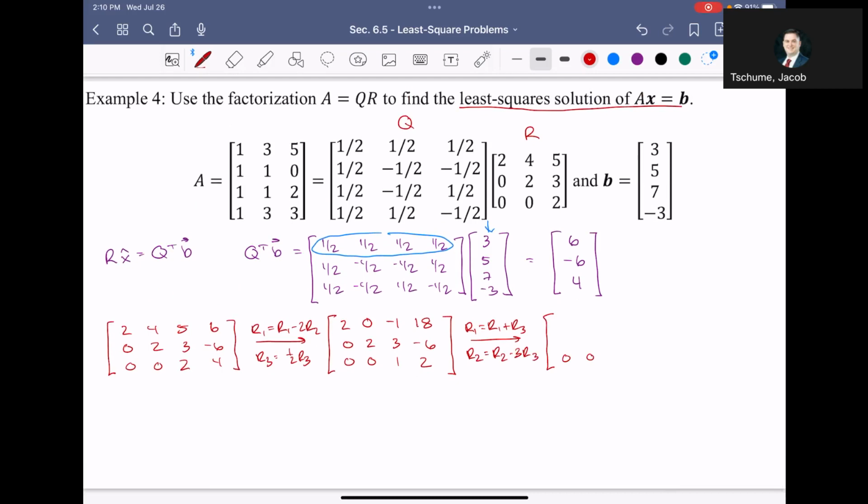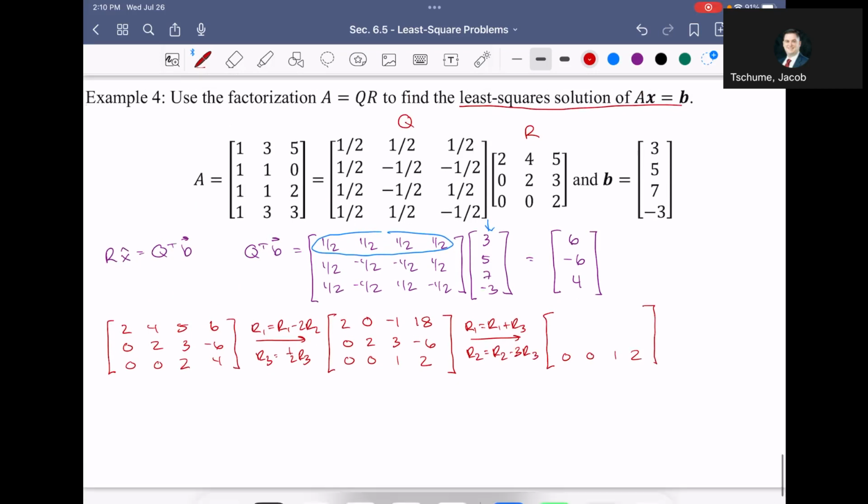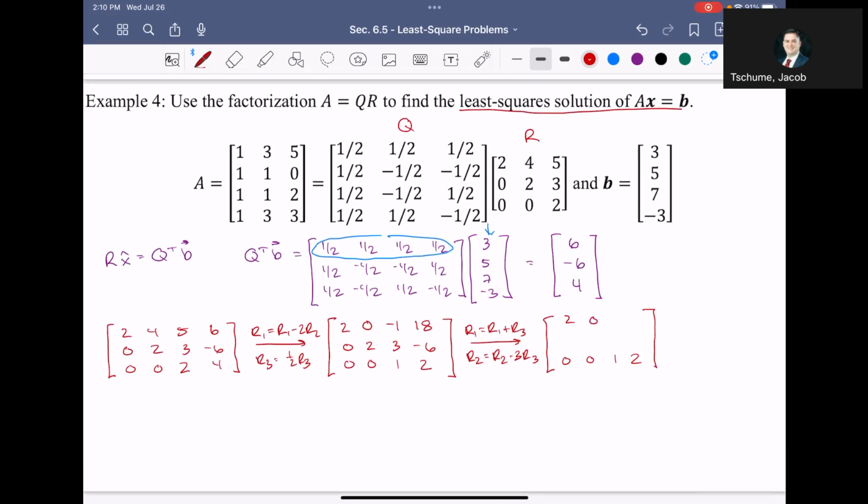While the bottom row doesn't change, the top row is going to become 2, 0, 0, 20. And then the middle row is going to become 0, 2, 0, and then negative 6 minus 6 more is negative 12.